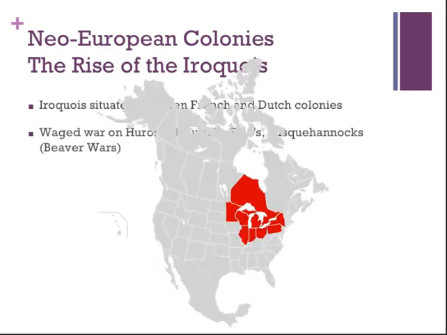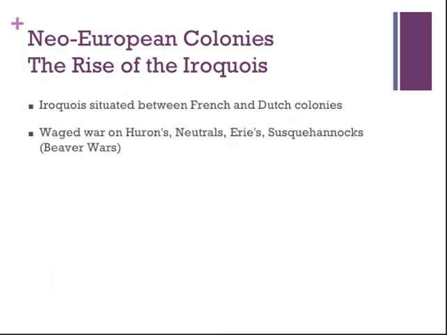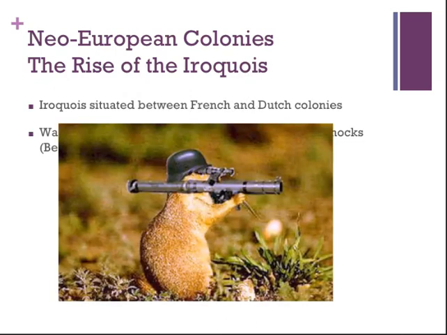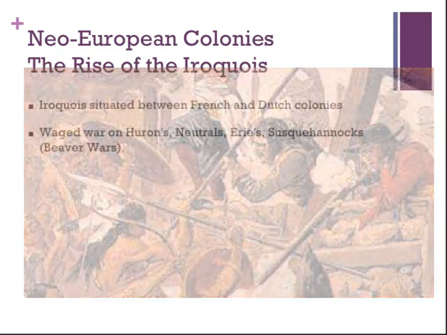And right here on this map, we can see that area in red where this war and these groups were fighting. That's a beaver in war. The Beaver Wars. Hope you get it. Here we can see another drawing of it. We can see the guns of the colonists versus the spears and the shields and different things of the natives.